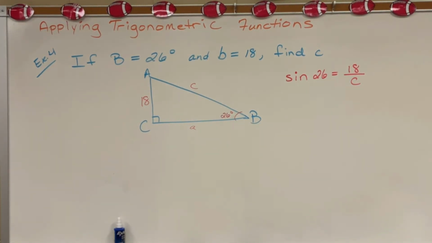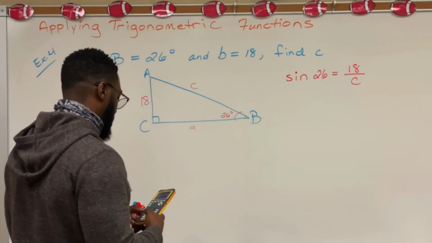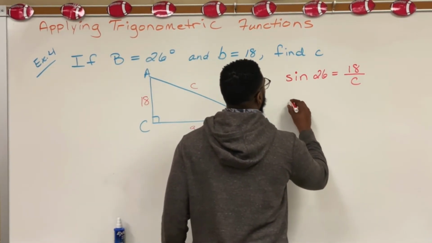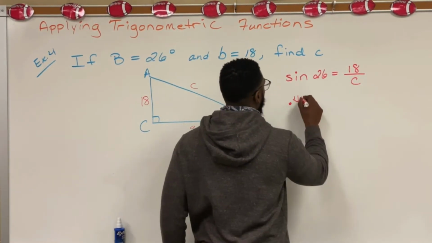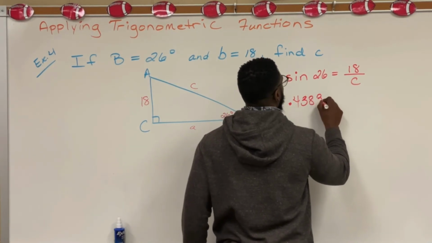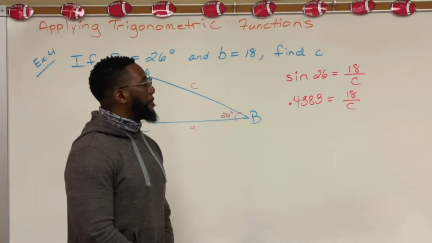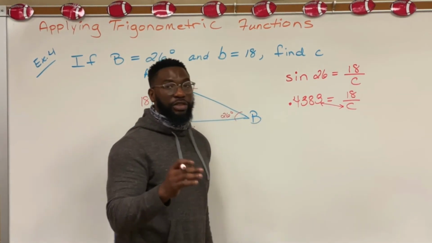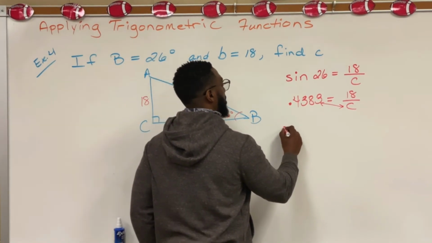You're going to grab your calculator and find the sine of 26, which is 0.4383, equals 18 over C. The next thing we do is multiply these two.